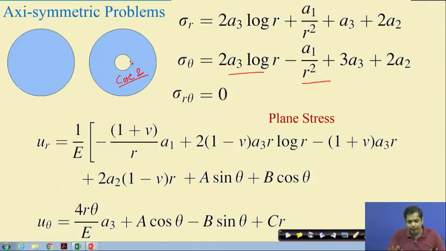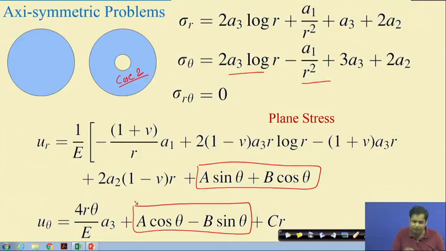So A3 and A1 are not 0 in case 2. We can assume some boundary conditions and, at the most, suppose this part becomes 0, or this part has some values, or this part is 0. But the rest of the things, A1, A3, A2, are all non-zero. We cannot make them 0 by just the condition that we applied for the first case.